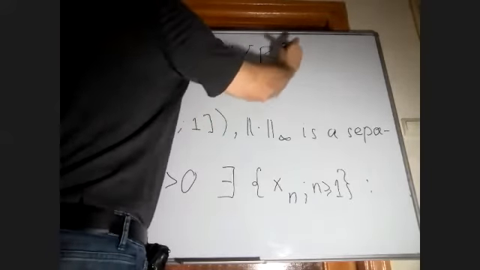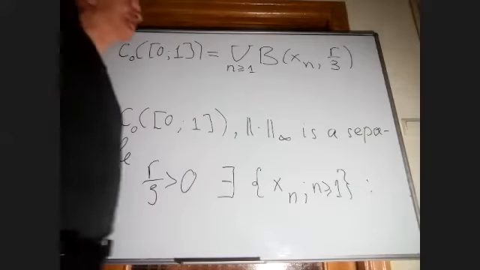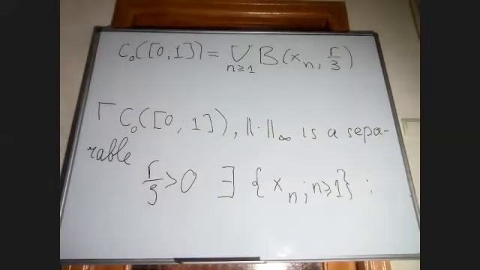This is exactly what we said, that we have a countable dense family. So for any point of our space, one can find an element from this countable family which is closer than r over 3.